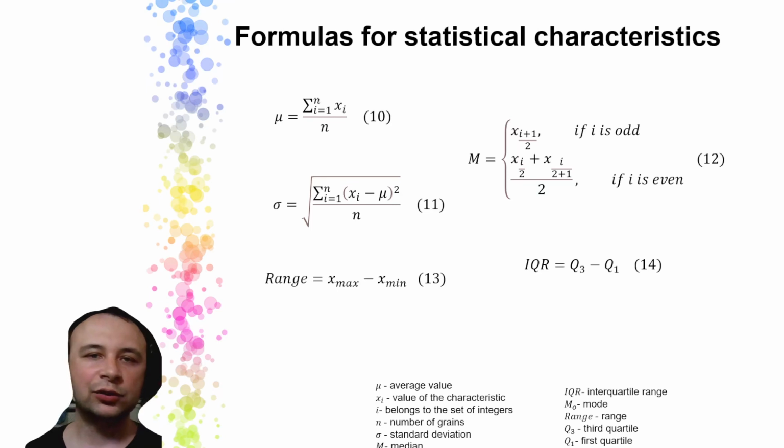When we calculate these characteristics, we perform descriptive statistics calculation. We use mean, variance, and mode to calculate the main characteristics. Also, we calculate the range and the IQR, quantile 3 minus quantile 1.